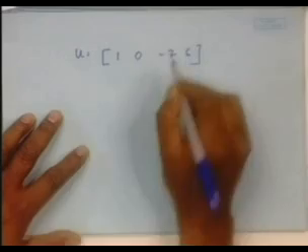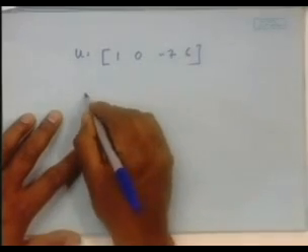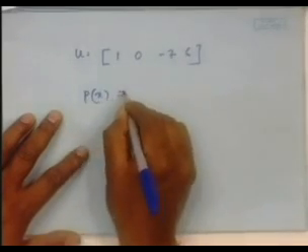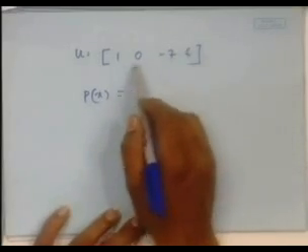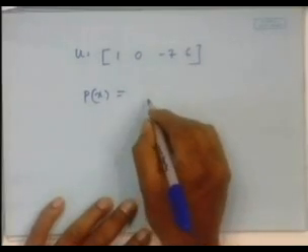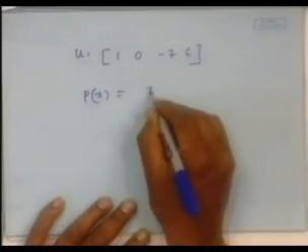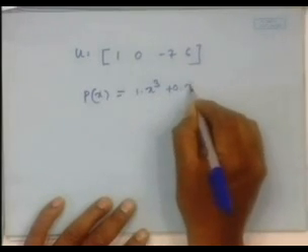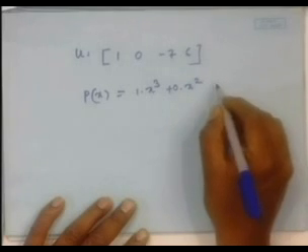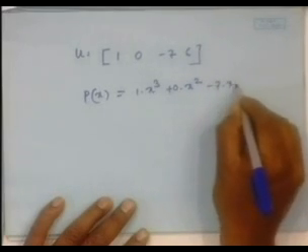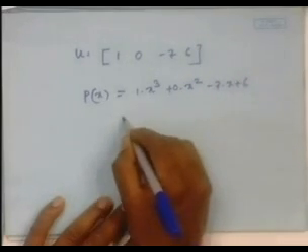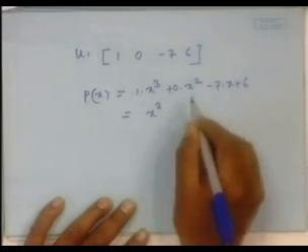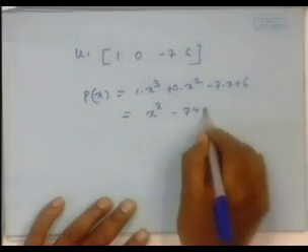That means this represents a polynomial p(x). These are 4 coefficients, so it is a third order polynomial. Third order means I can write x cubed multiplied by 1, plus 0 multiplied by x squared, minus 7 multiplied by x plus 6.